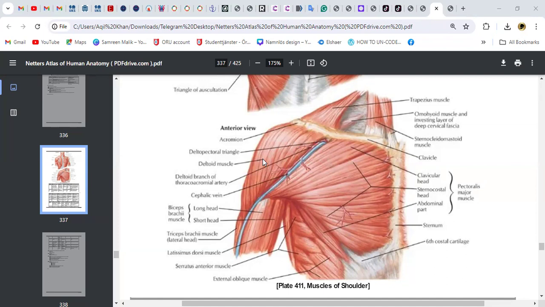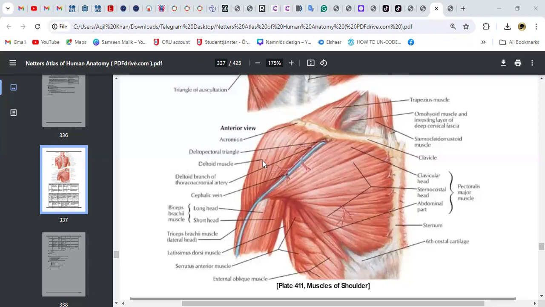If you tell me the origin and insertion of the deltoid muscle, since we are discussing the upper limb, I'm only going to focus on the muscles of the upper limb right now, not the extrinsic muscles. These are the intrinsic, or you could say the actual muscles of the upper limb.